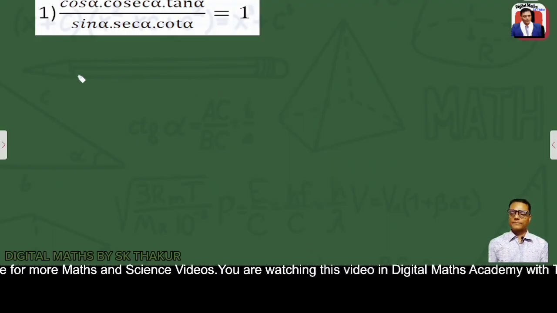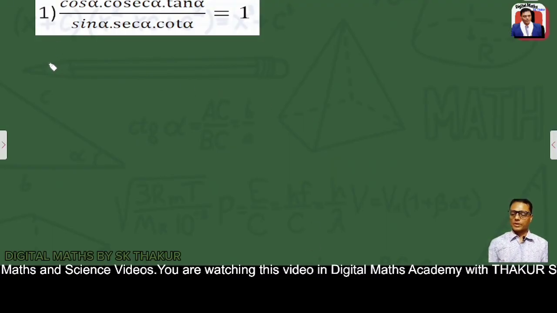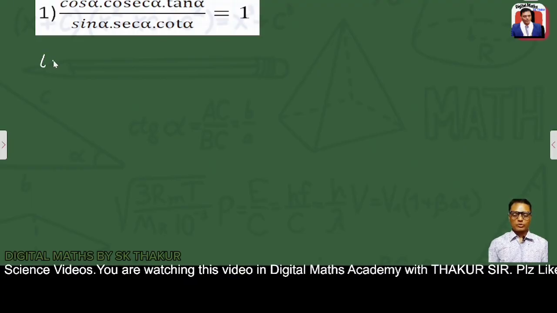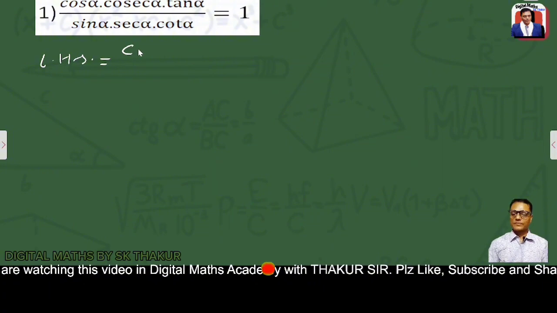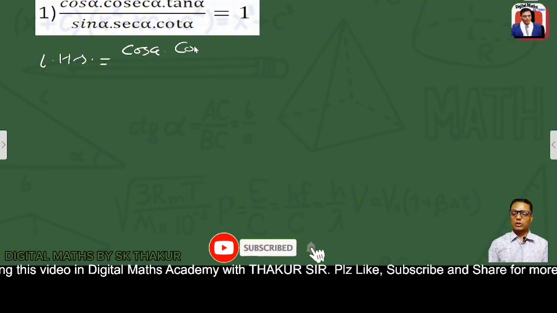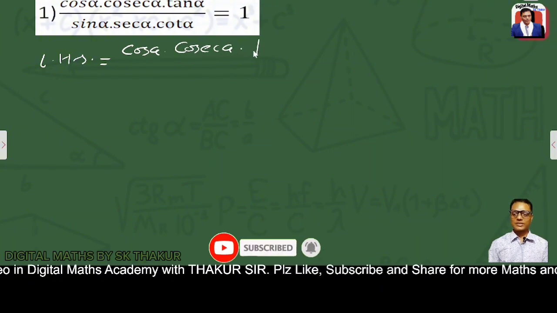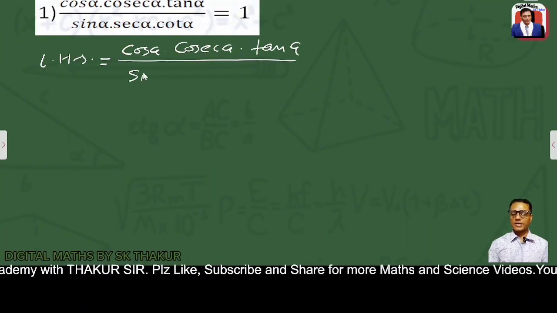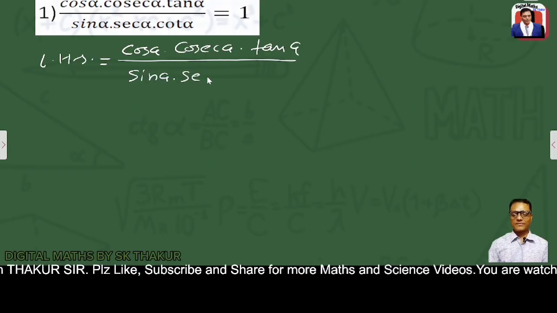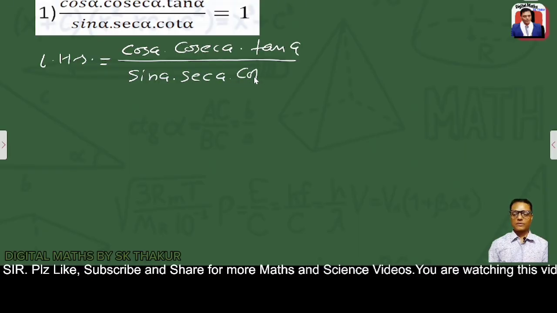Here we have the first identity. To prove it, we are going to select the left hand side, because the left hand side is the complex one here. The left hand side is cos alpha dot cosec alpha dot tan alpha, over sin alpha dot sec alpha dot cot alpha.